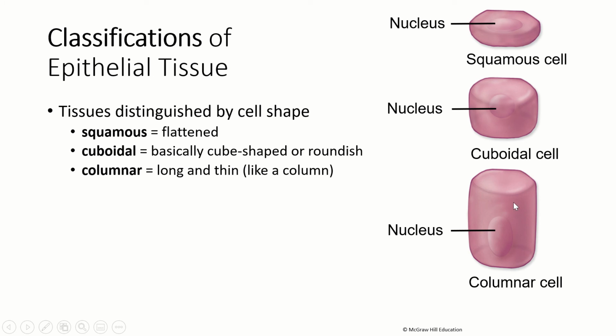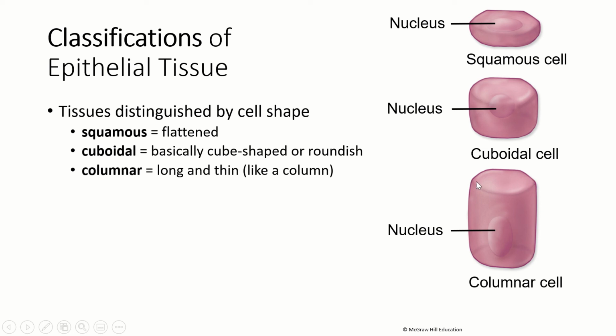Now, a lot of people ask, hang on, isn't this cell just this cell put on its side? But remember that epithelial cells have an apical surface and a basal surface. So is the apical surface, the top, bigger than the side? Or is the side, the lateral surface, bigger than the apical surface?